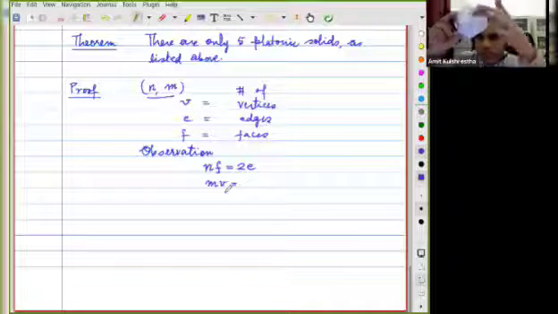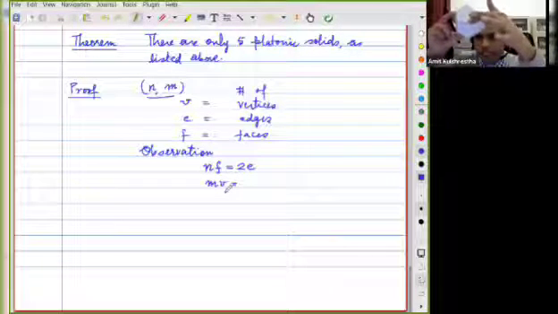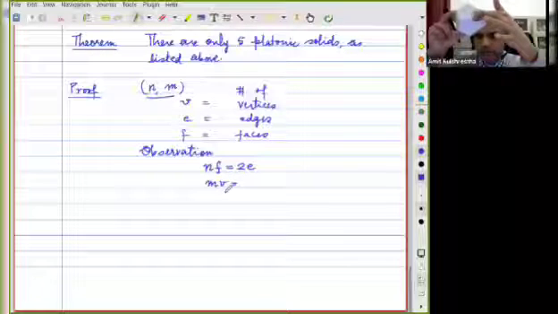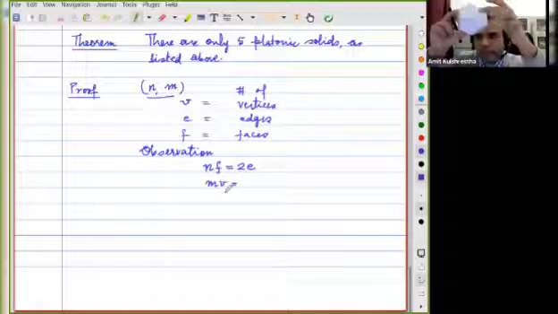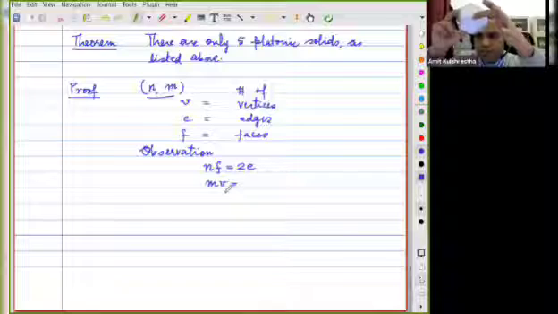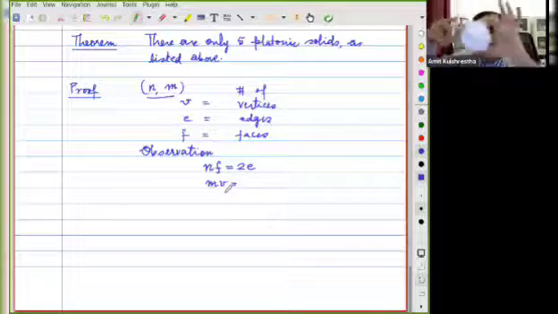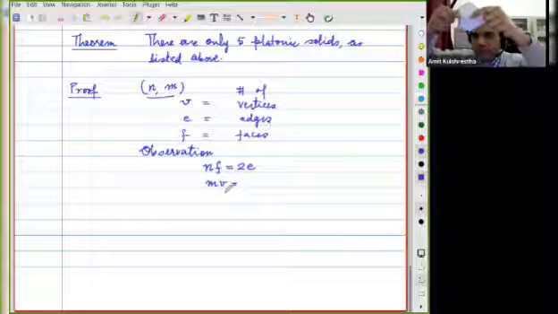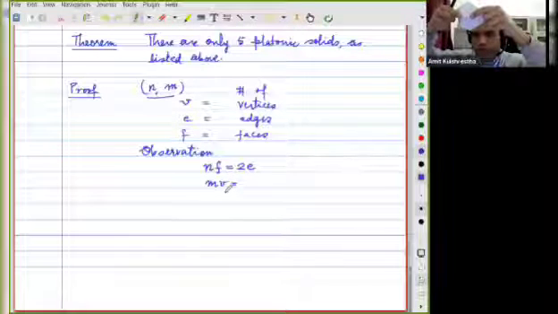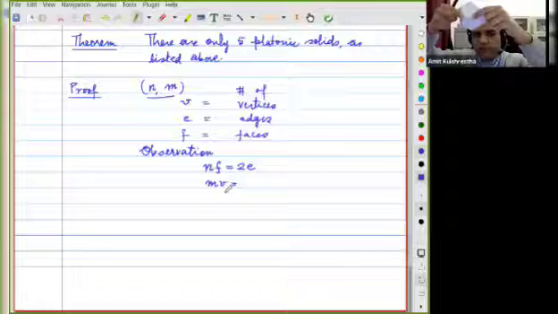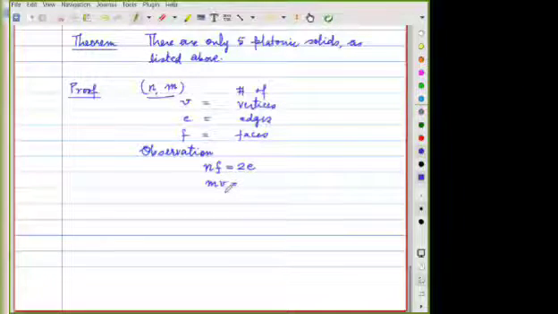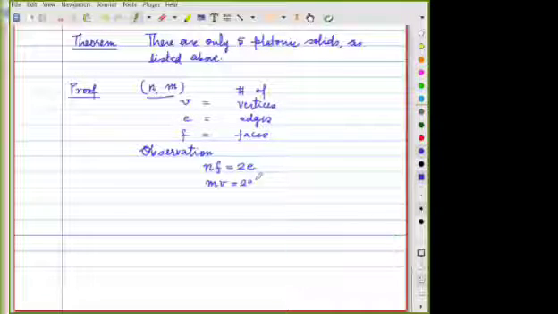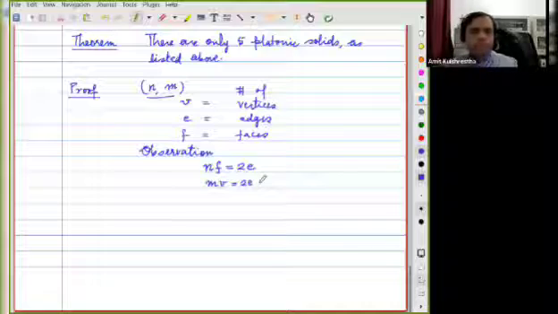To each vertex, I am counting how many edges are adjacent to it, right? So when I'm counting for this vertex and for this vertex, these two where my fingers are, I'm counting this edge twice. So MV is also 2E. Both numbers are 2E.